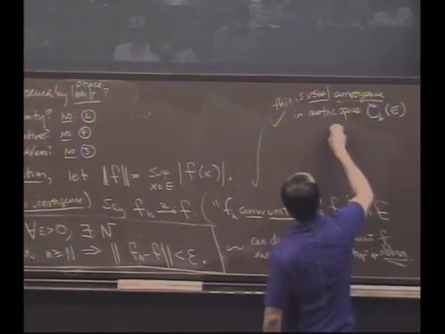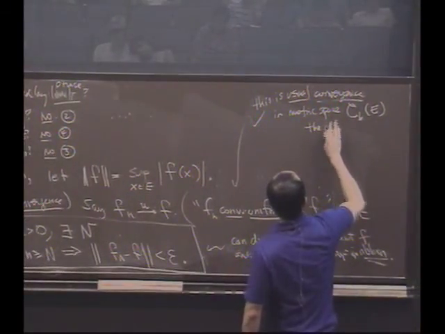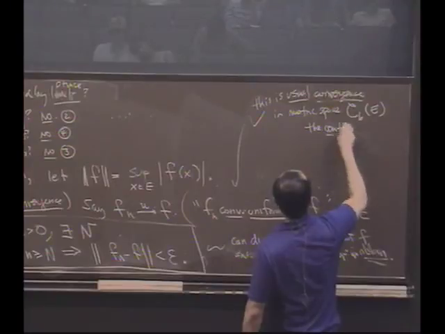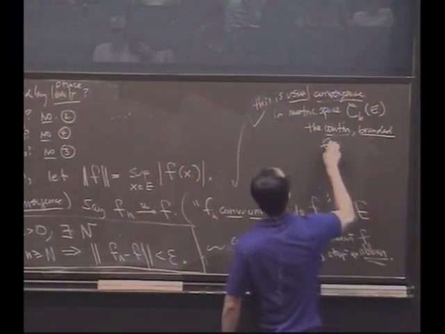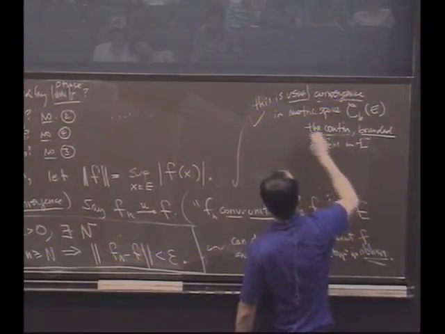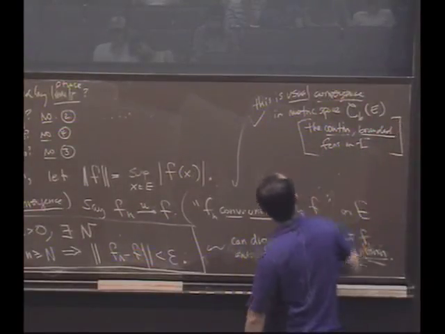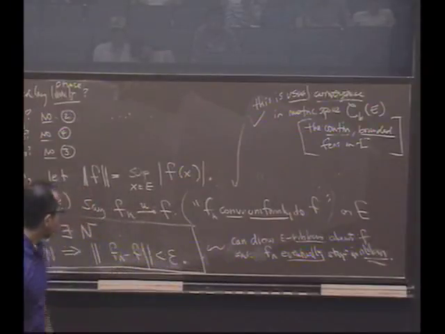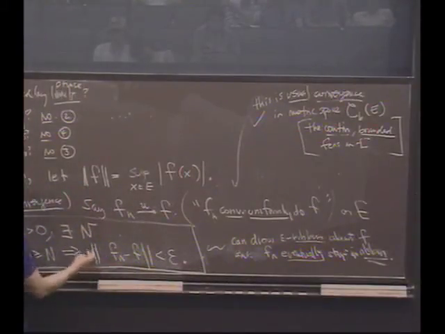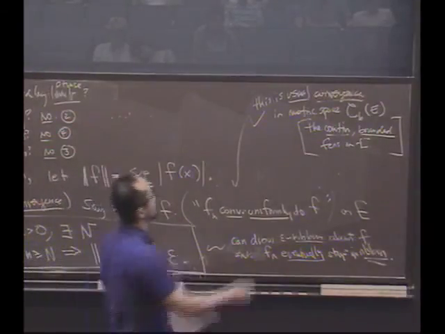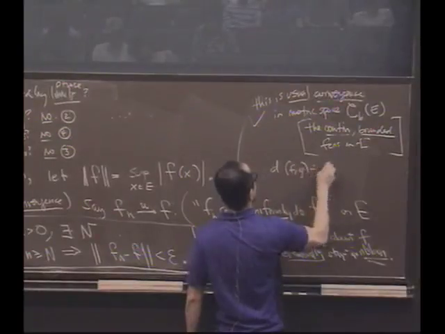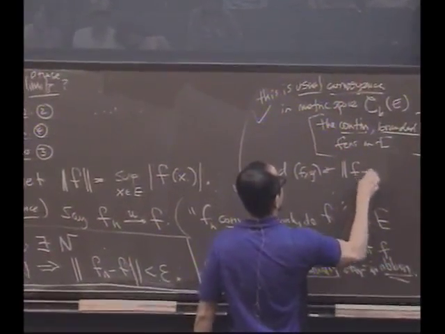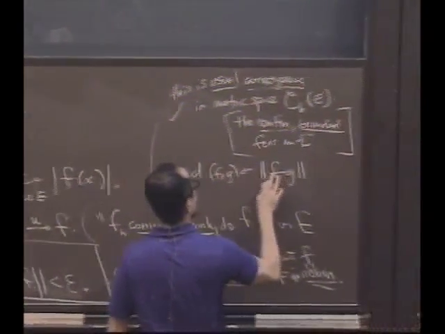This is the continuous bounded functions on E. The C stands for continuous, the B stands for bounded, real valued functions on E. So really, isn't this just the metric? I'm just letting the distance between f and g be the norm of their difference, f minus g.